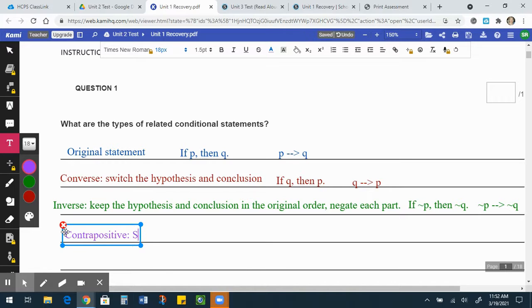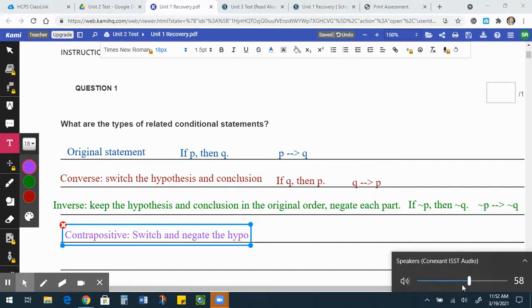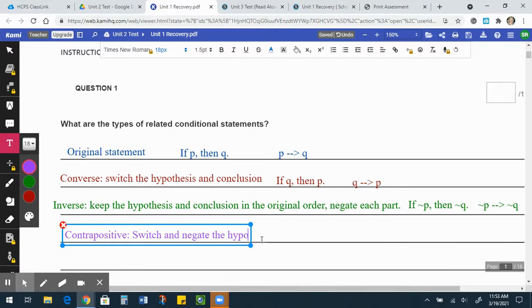So I have to switch and negate the hypothesis and the conclusion. You've got to switch and negate both parts. Let's make sure I spell that right. Switch and negate the hypothesis and the conclusion.